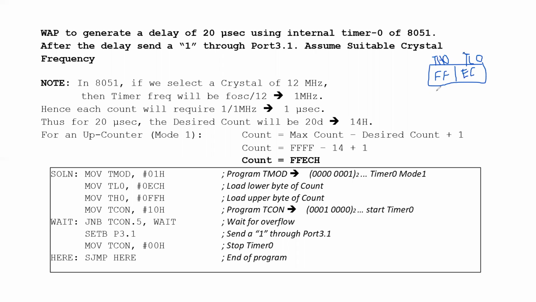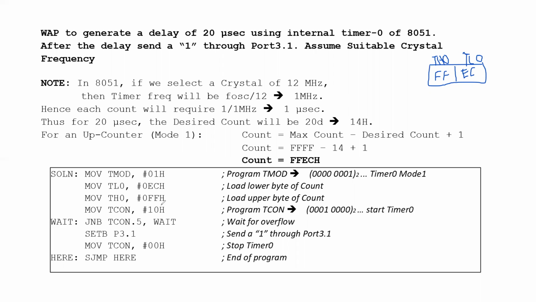So you get the count FFEC. From this it counts until it overflows. So the value is loaded to the timer 0 registers, timer 0 high and timer 0 low. And then MOV TCON, #10H, that is the TCON register.